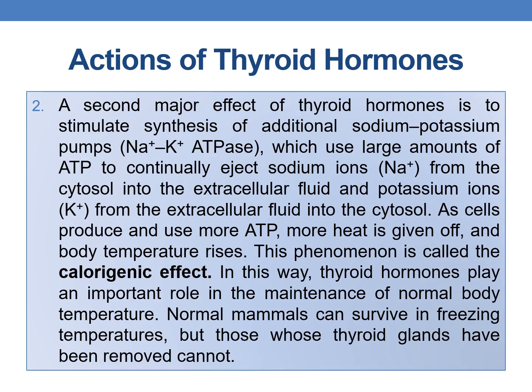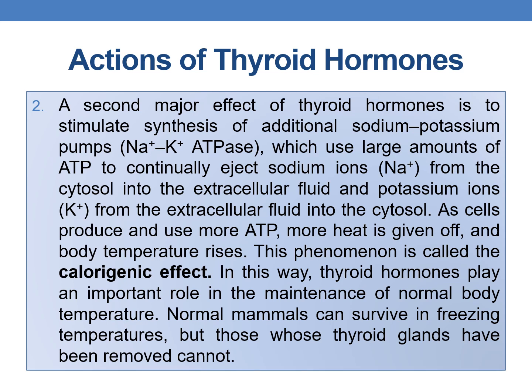The second major effect of thyroid hormones is to stimulate the synthesis of additional sodium potassium ATPase pump, which uses large amounts of ATP to continuously eject sodium ions from the cytosol into the extracellular fluid and potassium ions from the extracellular fluid into the cytosol.